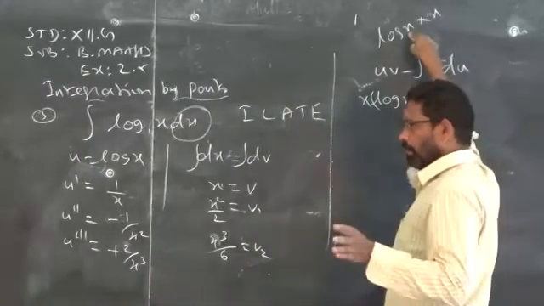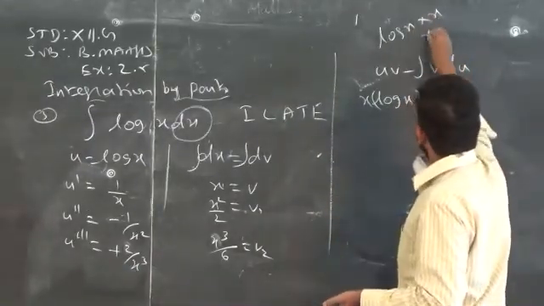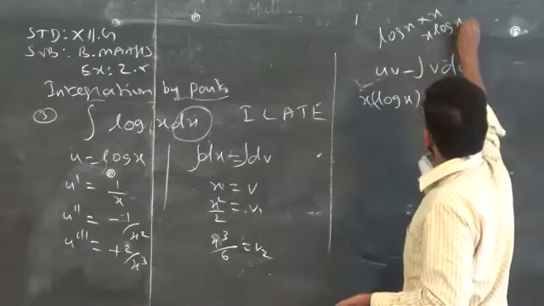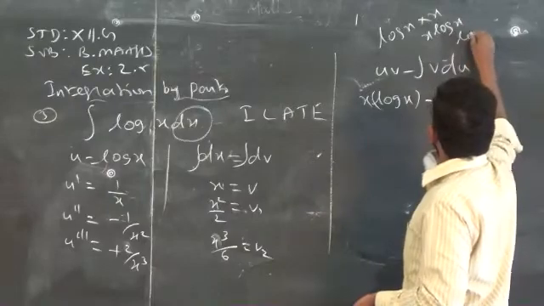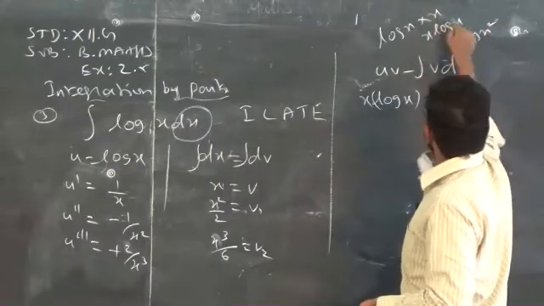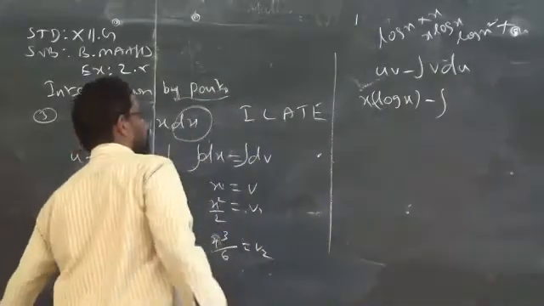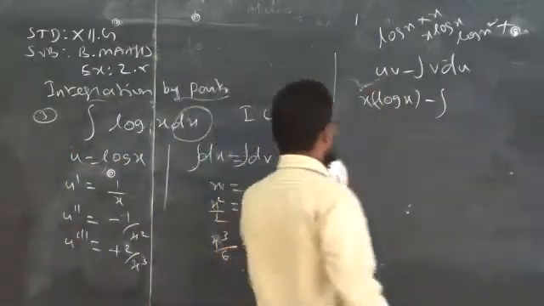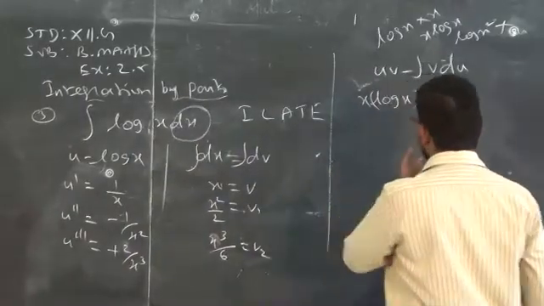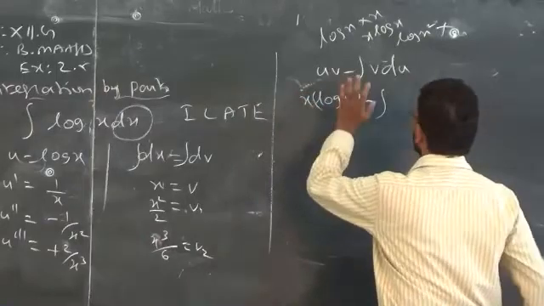You are not allowed to multiply any number or variable inside the logarithm. You are supposed to write x into log x. But some of you may have doubt of writing like log x square, because x into x square. This is wrong. So to avoid such steps, always write whatever variable or numbers come under log, sign or any exponential format, you have to use only as a multiplier.